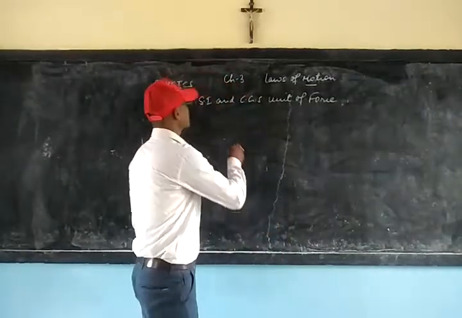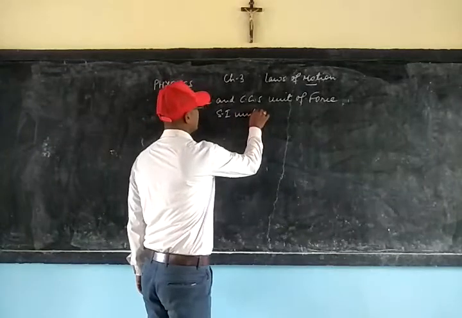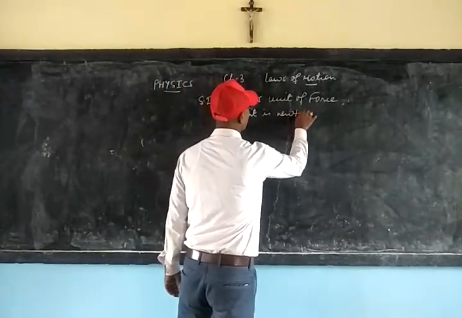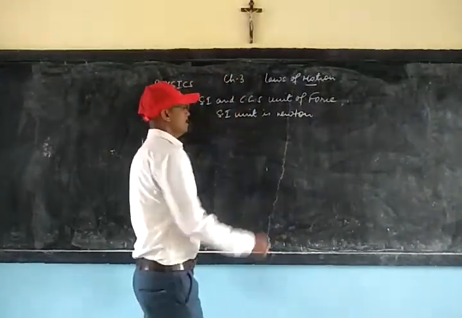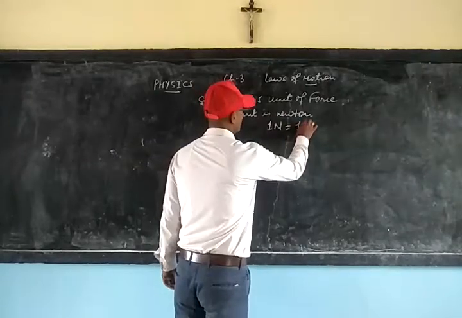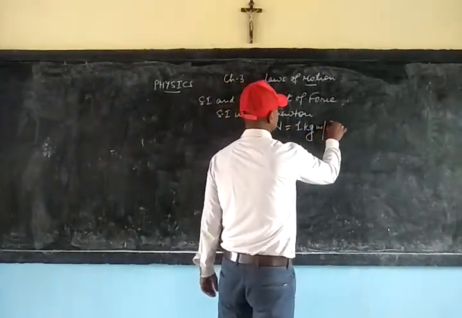The SI unit of force is Newton, and 1 Newton is equal to 1 kg meter per second square.